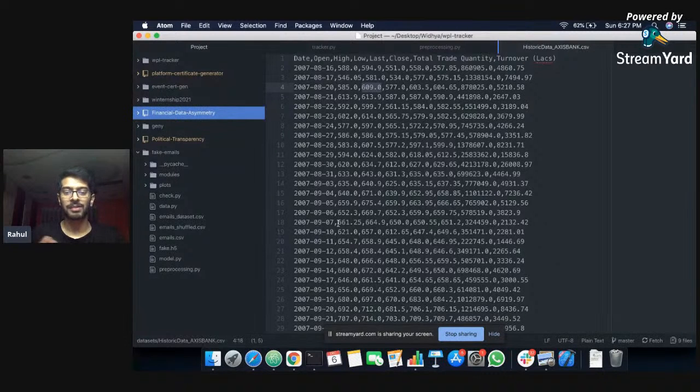So you might have something like Rahul123 at gmail.com, or XYZ123 at gmail.com, or you might have pure text. You might have a few other special characters like dot, underscore, hyphen.